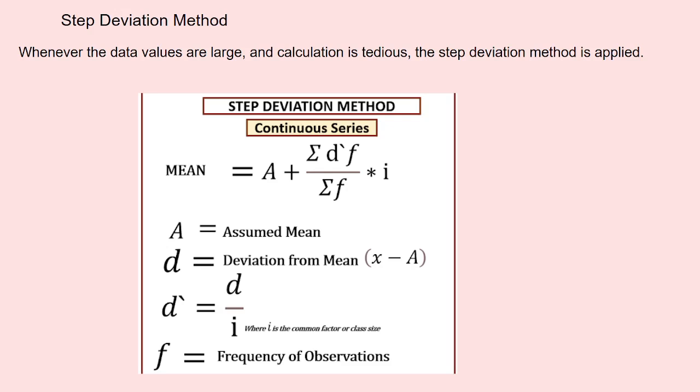For example, 40 to 50, 50 is the class interval, then class size is 10. F is the frequency of observation.